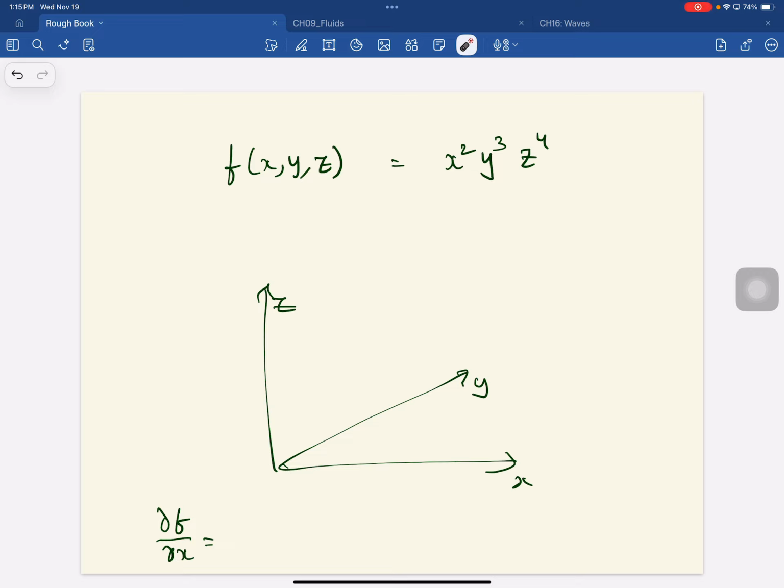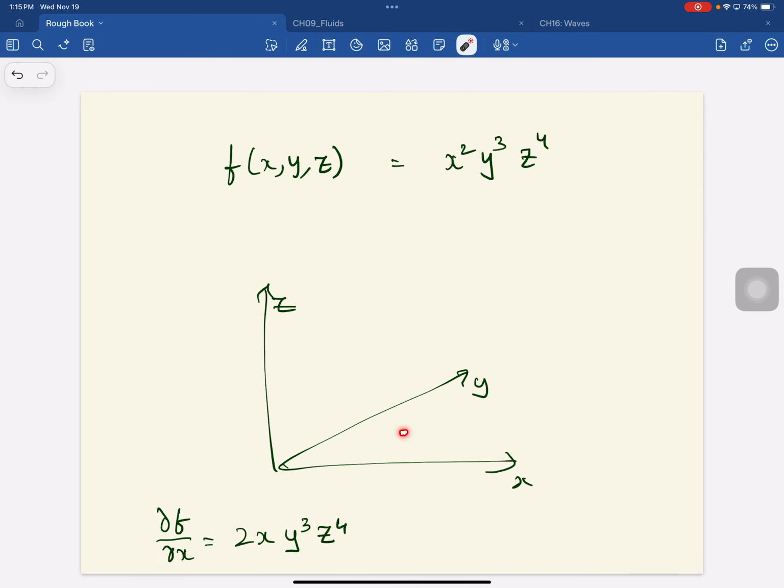So what is the partial derivative del f by del x? Y cubed z to the power 4. So how did you get the partial derivative? You just took the derivative of this variable. You kept y and z constant. And you can calculate this partial derivative at any location. So now let's look at it physically.